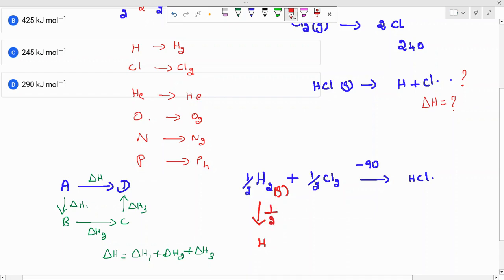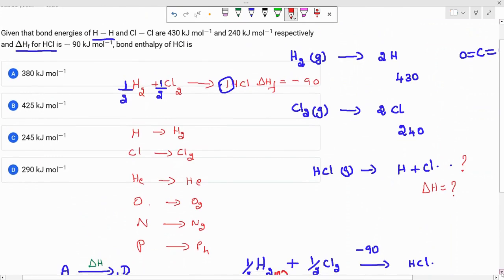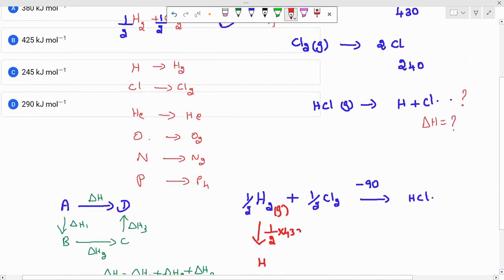So half into the bond enthalpy of hydrogen, which is 430. Then the bond enthalpy of chlorine, again half into 240, because I have taken only half mole of chlorine in gaseous state. So here H and Cl will produce HCl.